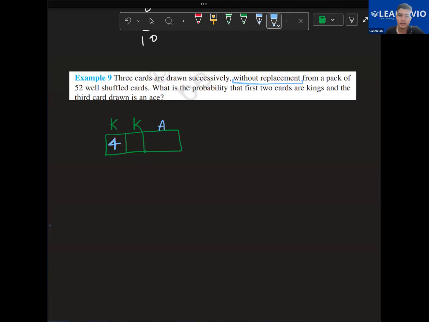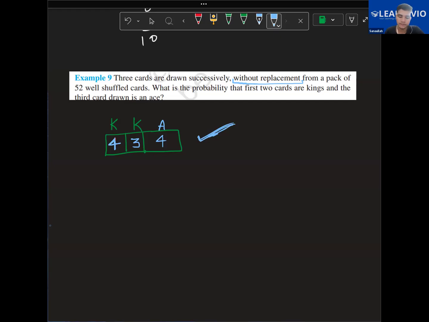And you have removed one king out of the four kings. So you have only three kings left. So here you will write three, and here you know how many aces you have? Four aces. So this is not the probability. This is some permutation thing, है ना? अगर permutation and combination अगर पूछा गया होता तो ये use करते.